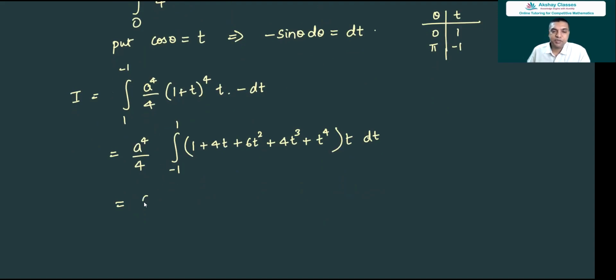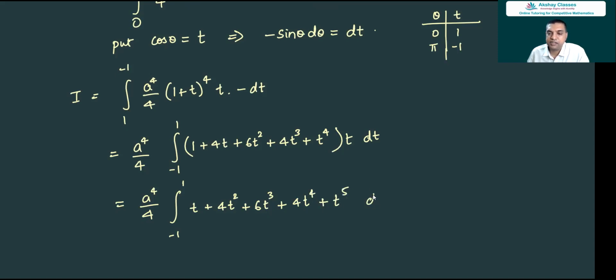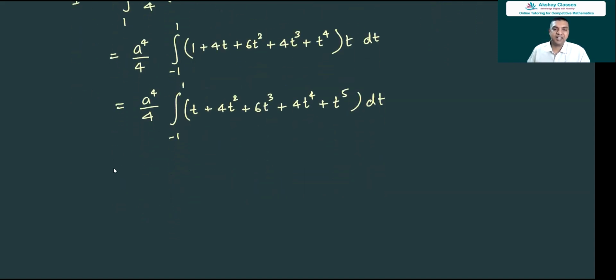Now this will become the integral from minus 1 to 1 of t plus 4t square plus 6t cube plus 4t power 4 plus t power 5 dt. This is a sum of odd terms and even terms, so we can split the odd and even parts.